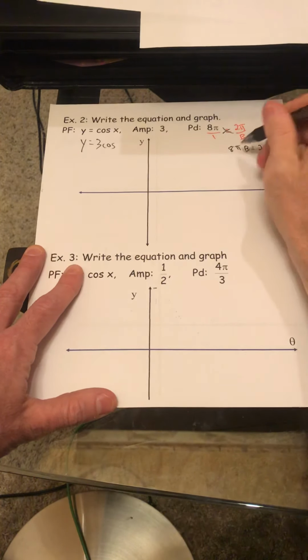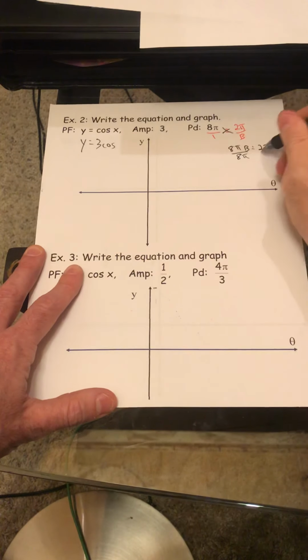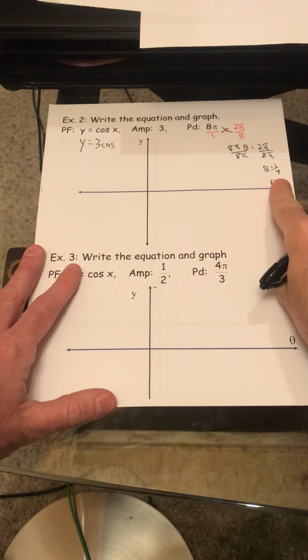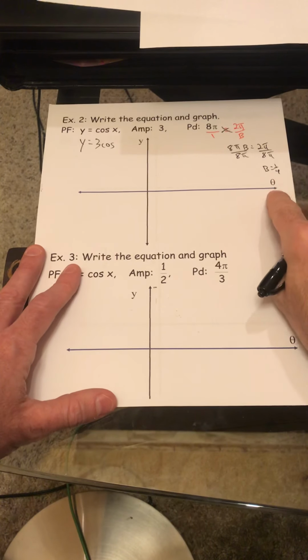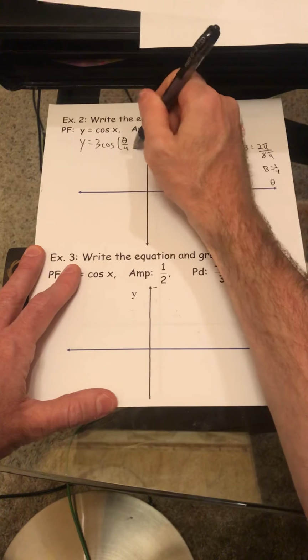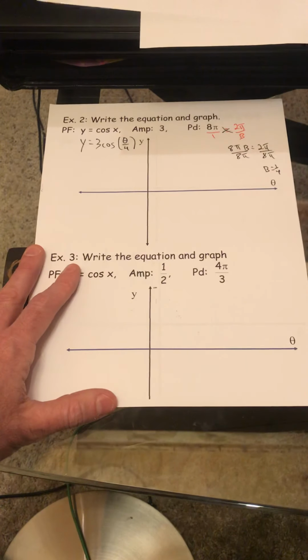And so then when we divide by 8 pi, b is 1/4. Now there's 2 ways you can certainly do this. If you want, you can either say 1/4 times theta. I actually prefer to just make it theta over 4 like that.